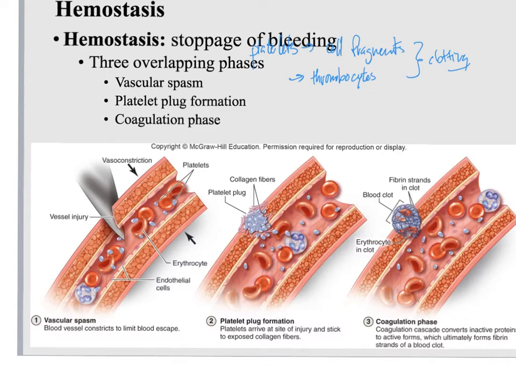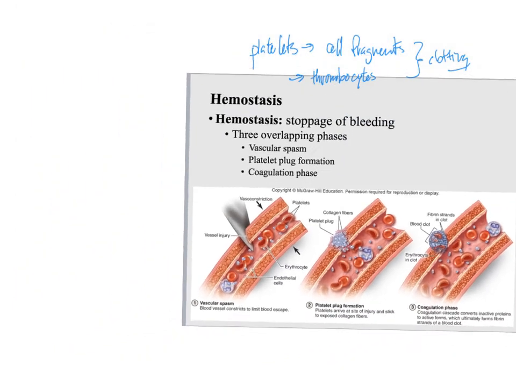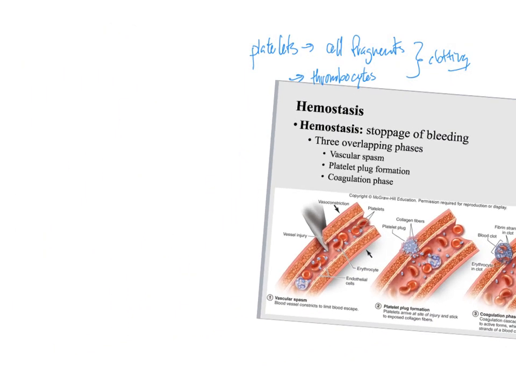So the first part is a vascular spasm. Vascular means blood vessel. The blood vessel itself, and we'll go through this when we go through the vessels in 2 weeks, is actually a cylinder. And inside the cylinder, there are two layers of smooth muscle that make up that cylinder.